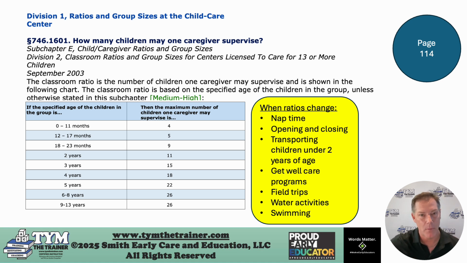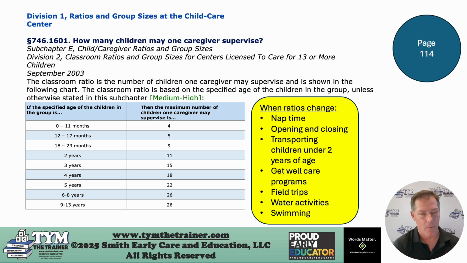That was the last time we had an update. But you can see right here, our child-staff ratios in Texas, y'all, they are 22 years old. So when we talk about them being a little outdated, yeah, I would agree.